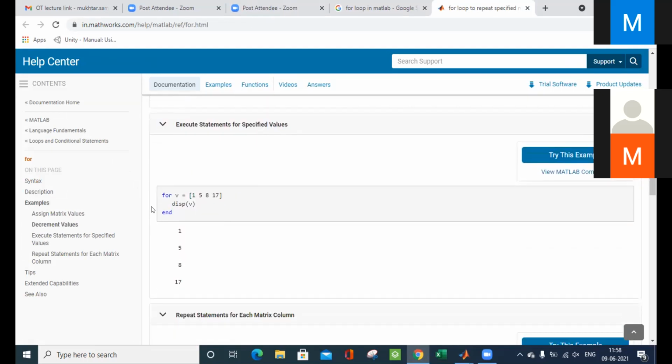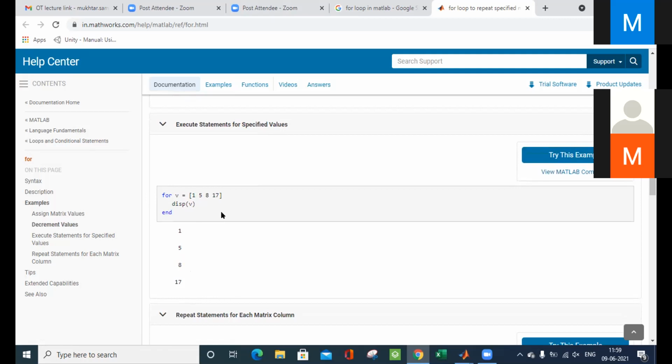Here you can see that for v is equal to 1, 5, 6, 8, 7 is given, and display v. So it will put v is equal to 1 and print it, then it is going to be 5. Okay, then again it is going to be 8. Okay, so it's likewise. So we are just using this same thing in our programming.